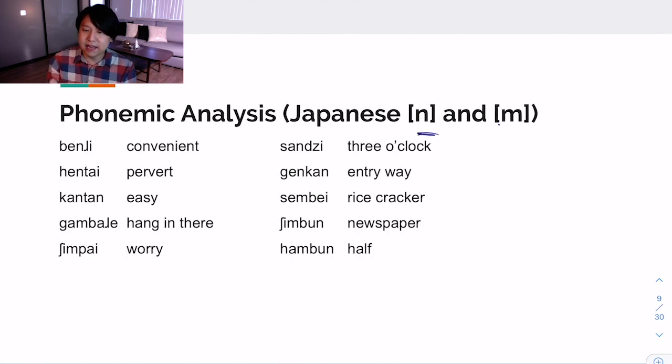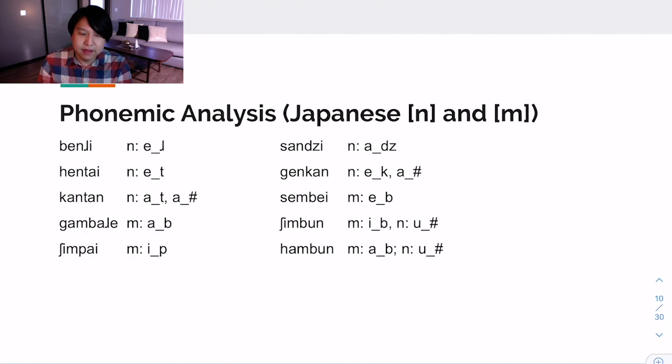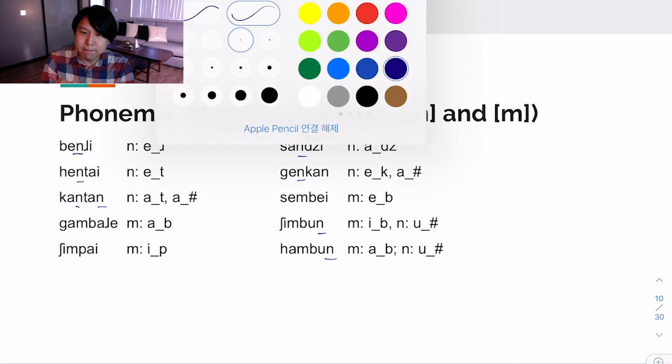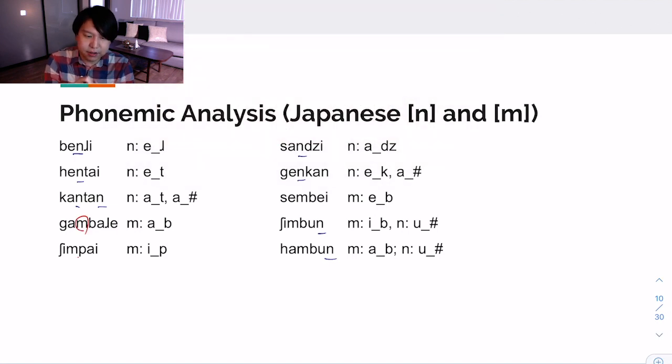On the other hand, Japanese N and M: benri, hentai, kantan, gambare, shinpai, sanji, genkan, senbei, shinbun, hanbun. In this list of words, N exists here, and M exists here.